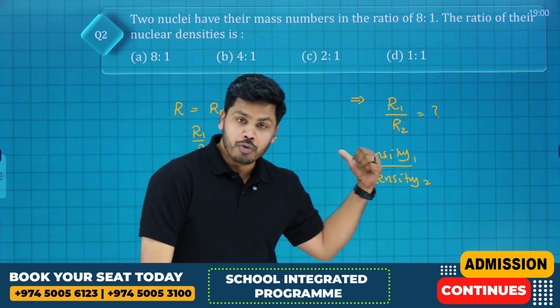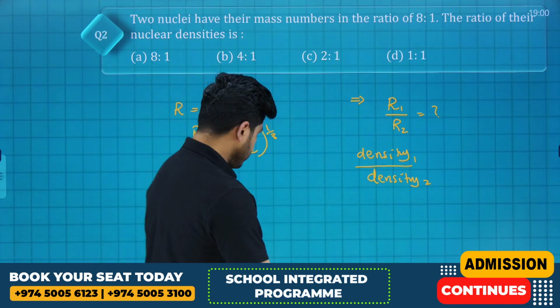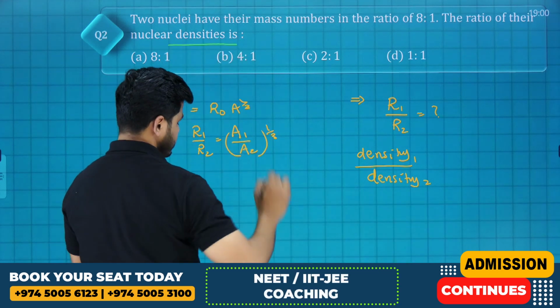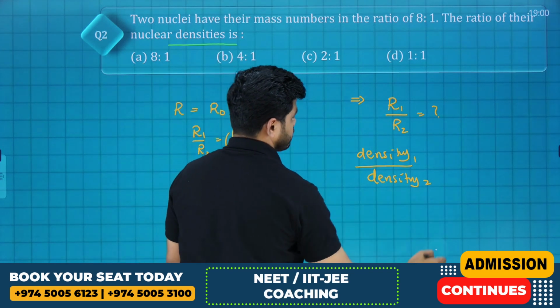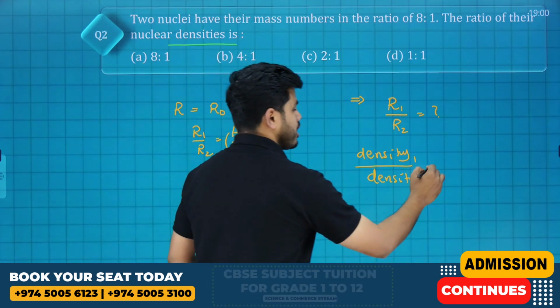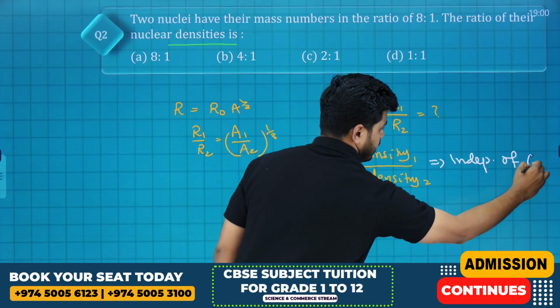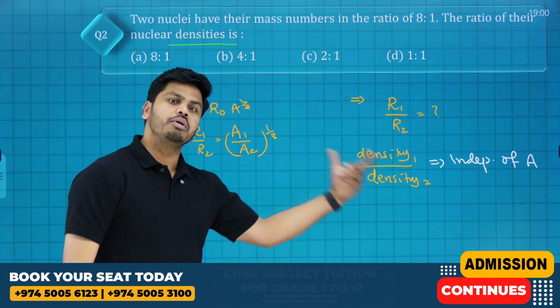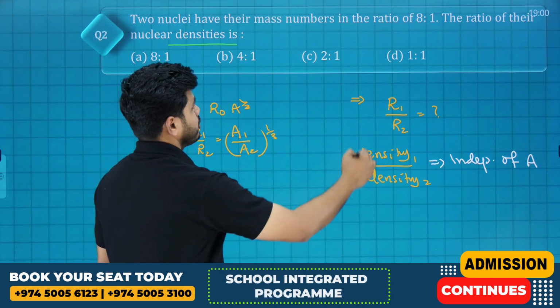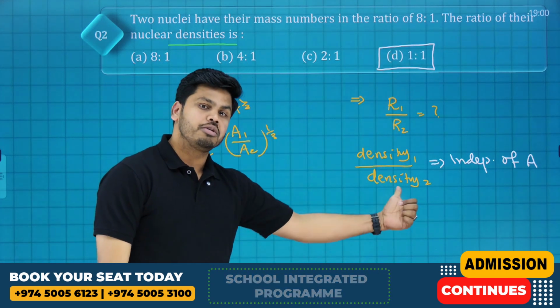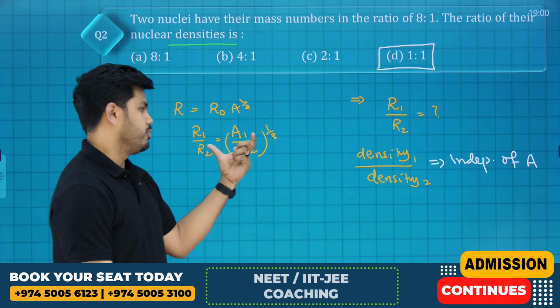But that is only for the radius of the nucleus. The question is about the nuclear density ratio. Just now in the previous question, we explained that nuclear density is independent of mass number. So whatever the mass number, it doesn't affect, and the ratio is going to be 1:1. But be careful, if the question is about the radius of the nucleus, the answer will be different.